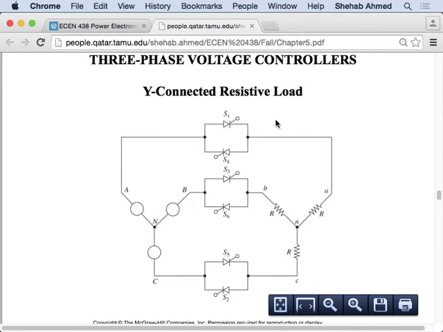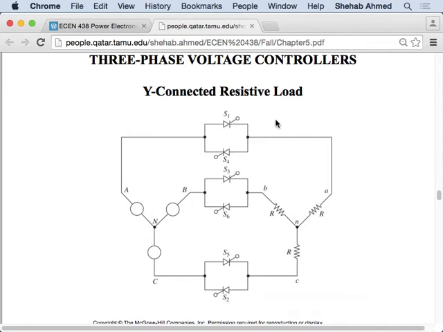S1 is the device pushing current in the positive direction in phase A. S4 will be the device pushing current in the negative direction in phase A. And then S3 will be the device pushing positive current in phase B. S6 will be the device pushing current in the negative direction in phase B, and so on and so forth.